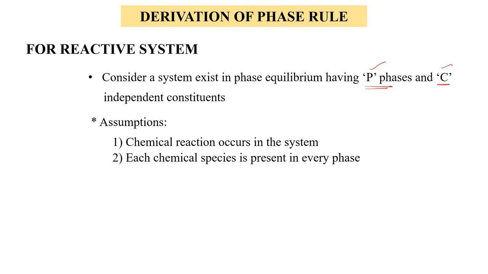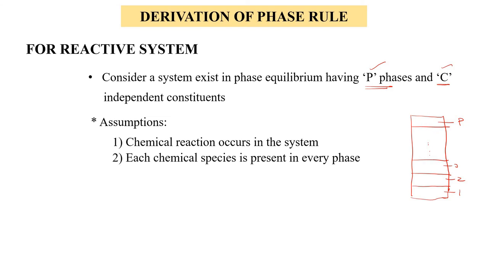Suppose I have a system like this, and this is phase 1, this is phase 2, and this is phase 3. Like this we have many phases, and assume that this is phase P. So we have p number of phases, and C independent constituents are present in these phases.